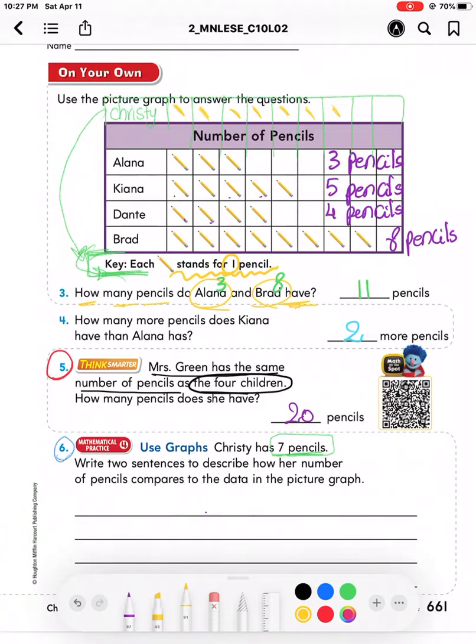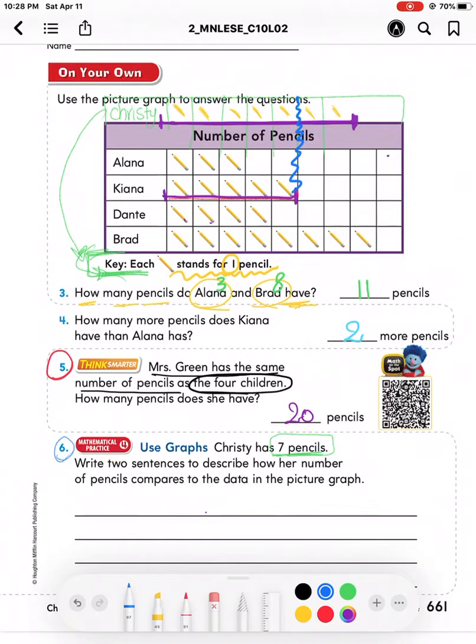Now if I want to compare Christy to Kayana, for example, Kayana has till this part like this, and Christy has all this till here. Now I need to know how many pencils Christy has more than Kayana.